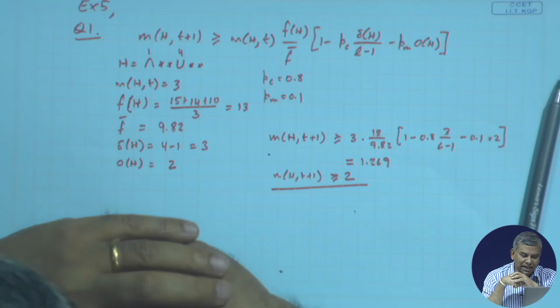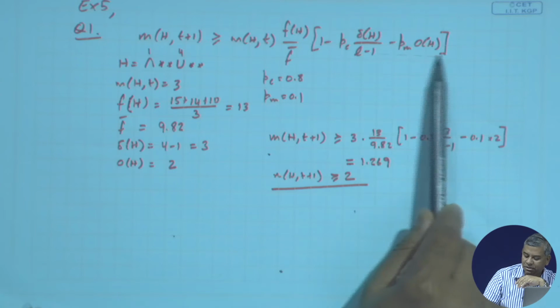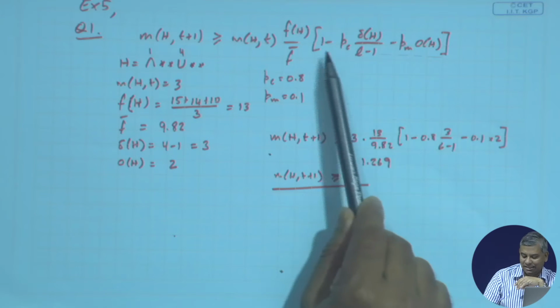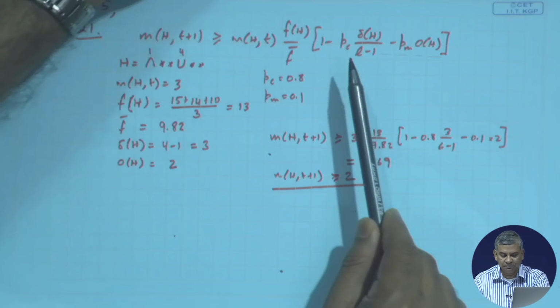Now to answer the next part: which of the two schemata, there are two different schemata and one is the complement of the other, is likely to take over the population in a GA run with the above parameter settings, and give reasons. Why? Because it's the same schema order, the part in the square bracket depends entirely on the schema, and L is fixed for both of them.